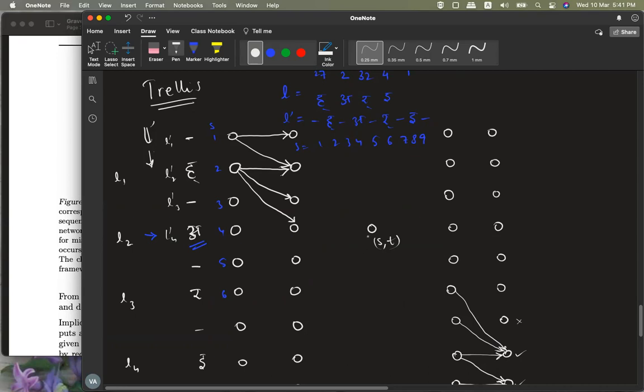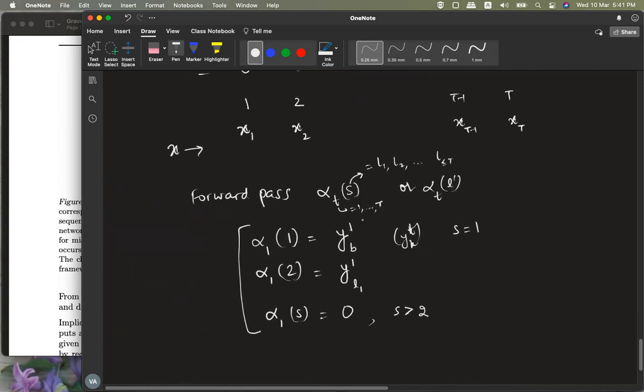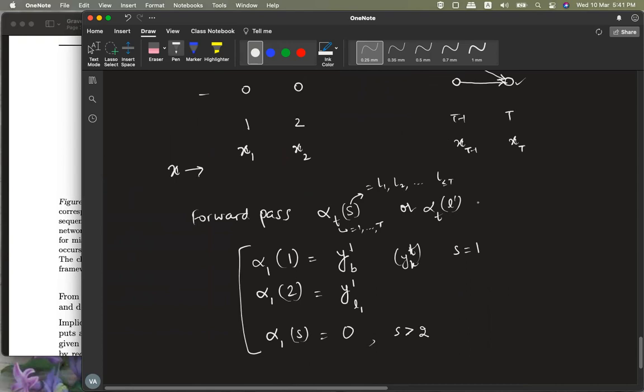So when I say alpha(s,t), this means it's the probability of all possible paths which are reaching this node. So basically alpha(s,t) is equal to all possible paths that reach s comma t, the node s comma t in the trellis.